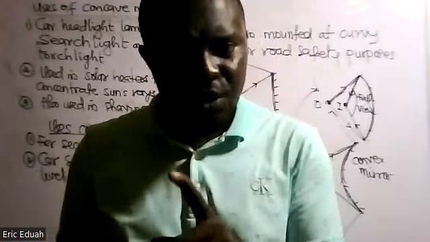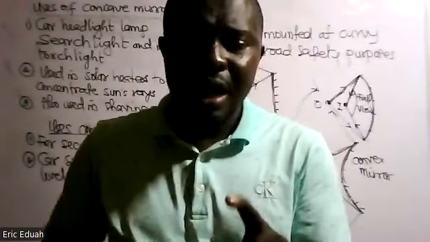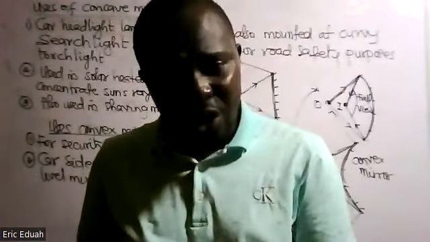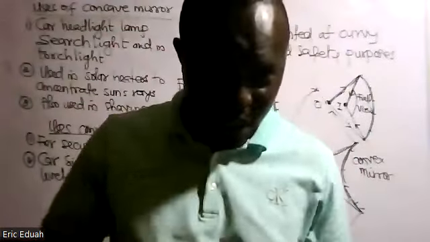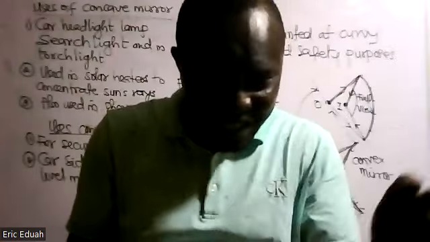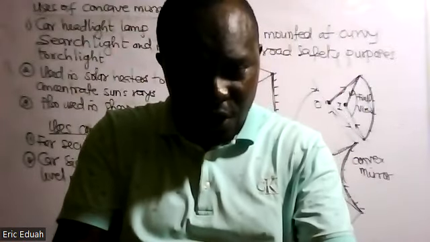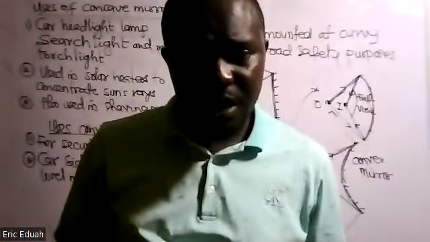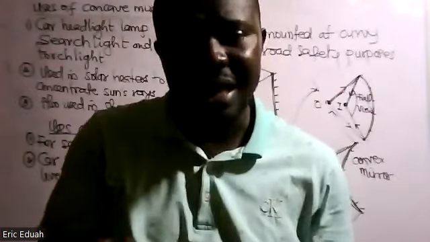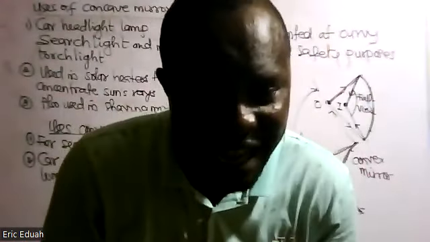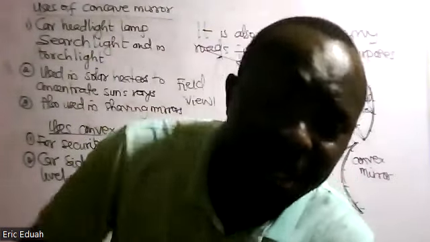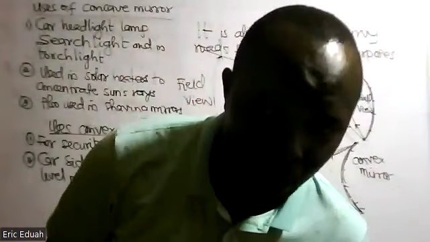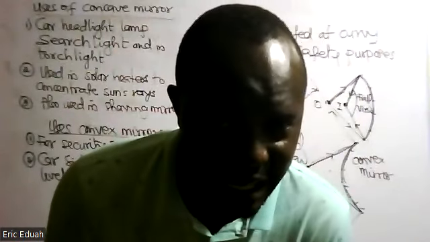A concave mirror can give you upright and can also give you inverted images. So imagine when you are driving and your side mirror or head level mirror is a concave mirror. At a particular position of the object, you see the image turned upside down. Then which manner of car is that?